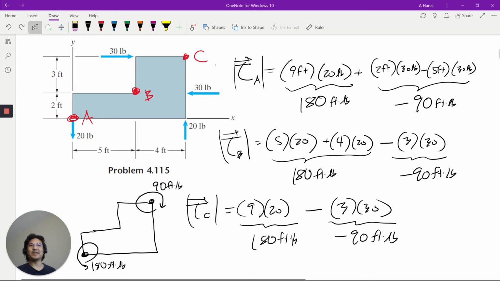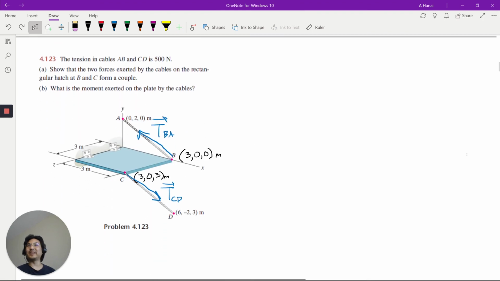Okay, let's try a 3D example this time. Let's say compute the torque due to the couple about wherever you feel like. I'll let you try it.